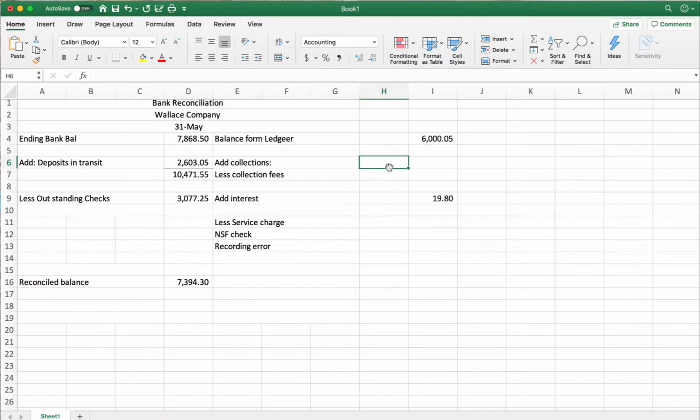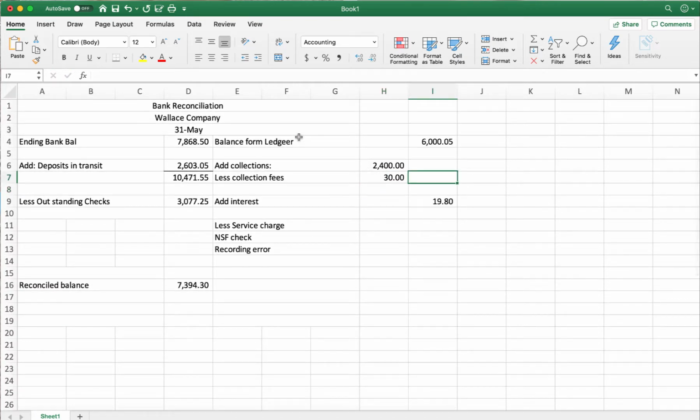So we have the $2,400 that they collected on our behalf, minus the $30 fee that they charged us. So I'm going to take my $2,400, subtract out my collection fee. I get $2,370. So this $2,370 is in my ending bank balance. It is not in my books. I need to put that in my books.